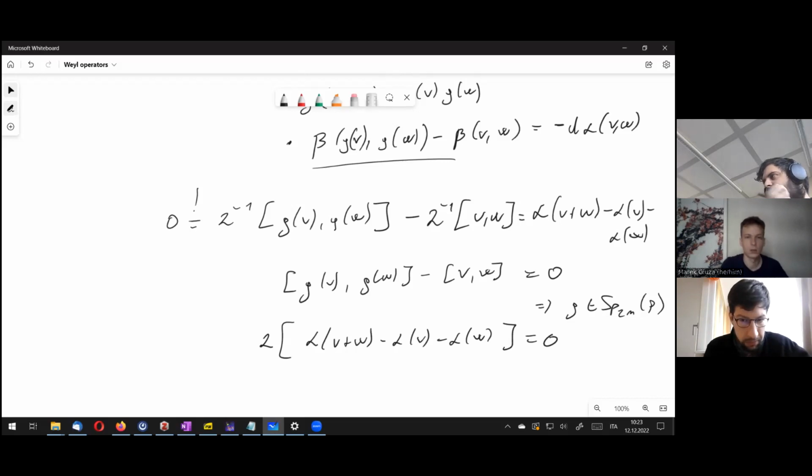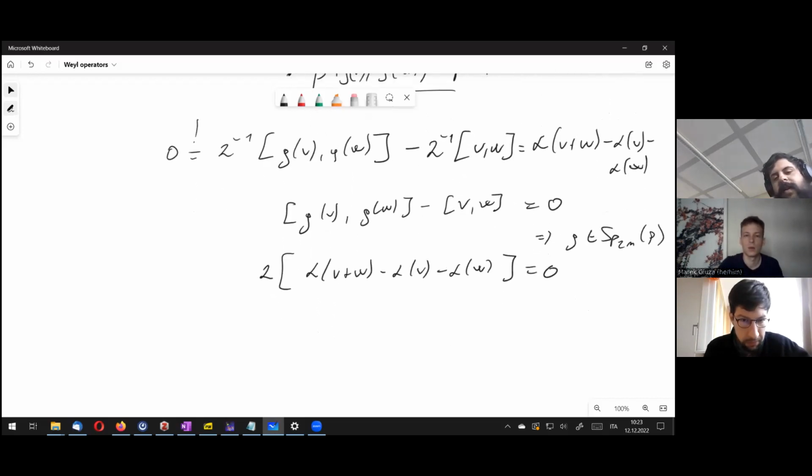So what we get from these two things is that we can identify the group of center fixing automorphisms with another group, that is the affine symplectic group.